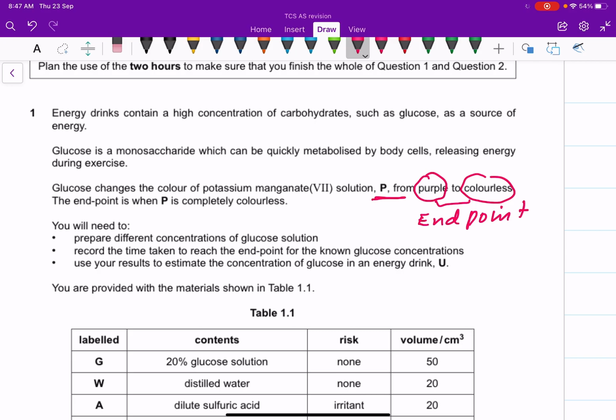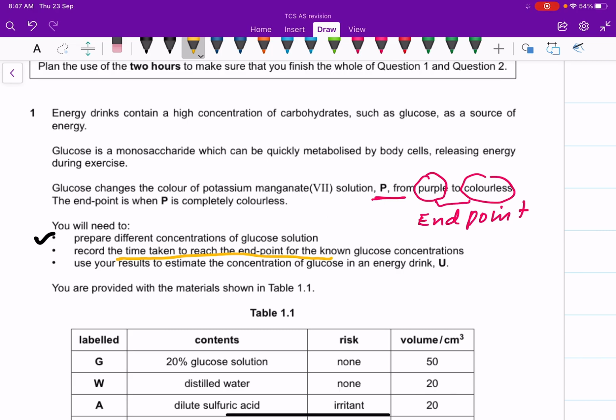You will need to prepare different concentrations. This is what you are expected to perform in this experiment. Prepare different concentrations of glucose solutions. Record the time taken to reach the end point for the known glucose concentrations.